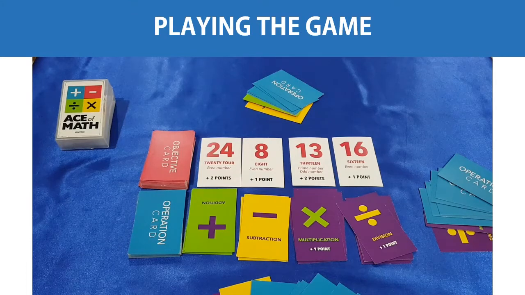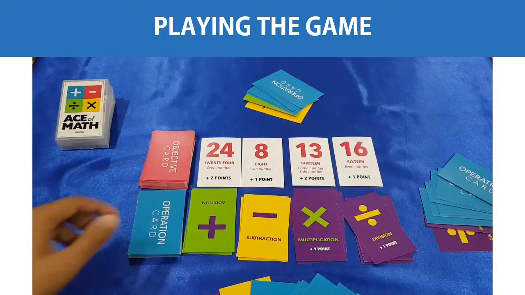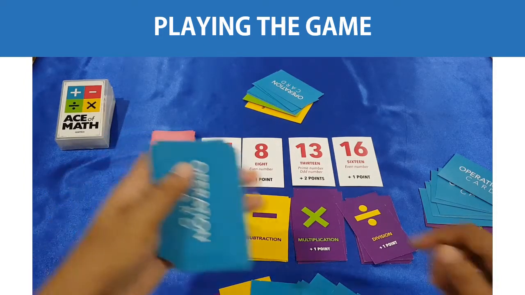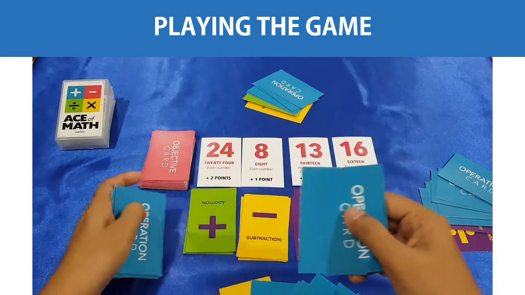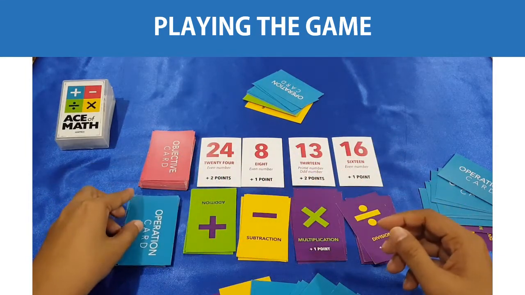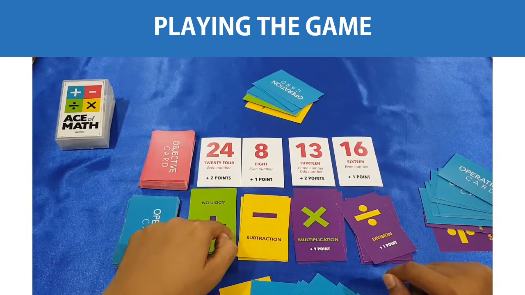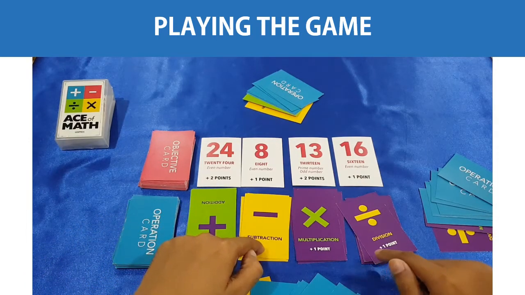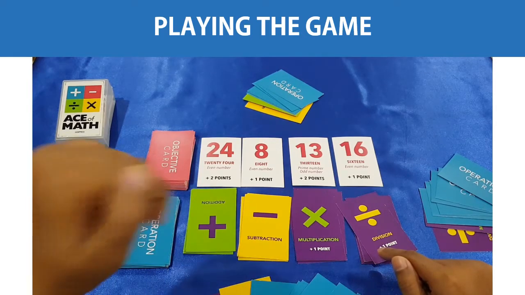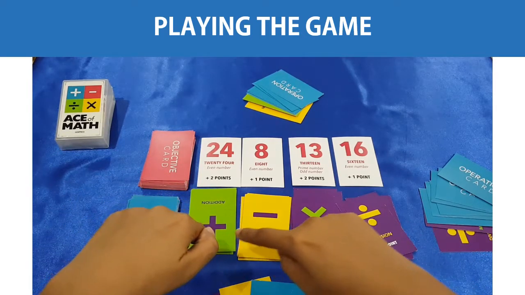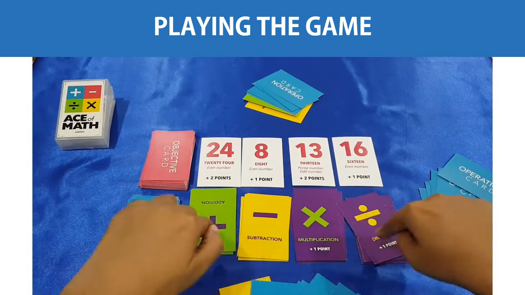In each round, the player needs to do the following phases. Take 2 cards, either from the operation deck here, or one each from the operation deck and from the basic mathematical operations, or any two of the mathematical operations here.